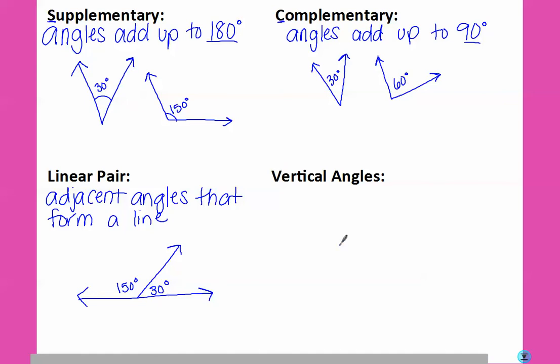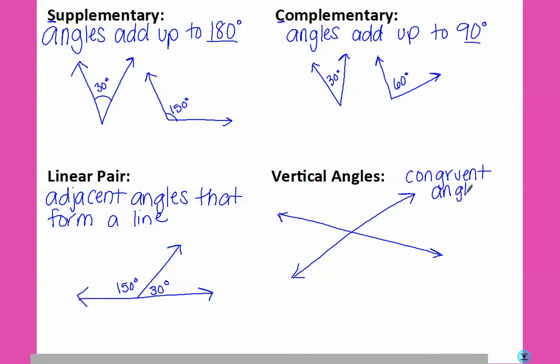Vertical angles occur when we have a line that is intersected by another line. They are congruent angles, which are across from each other, that are made when two lines intersect.